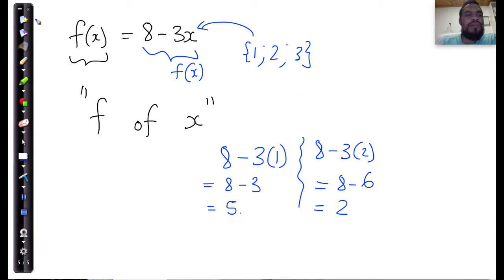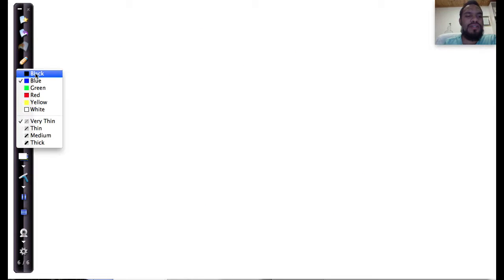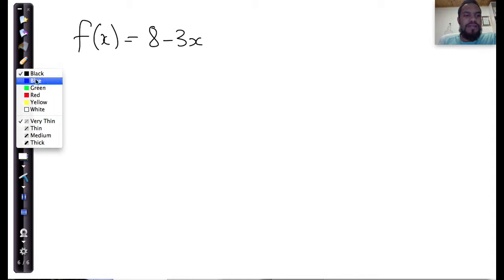What I'm trying to elaborate at this point is just what function notation looks like. I'm saying f of x is equal to 8 minus 3 multiplied by x. This is read as f of x, or f is a function of x. In other words, it takes in certain x values. So let's talk about how you evaluate it.